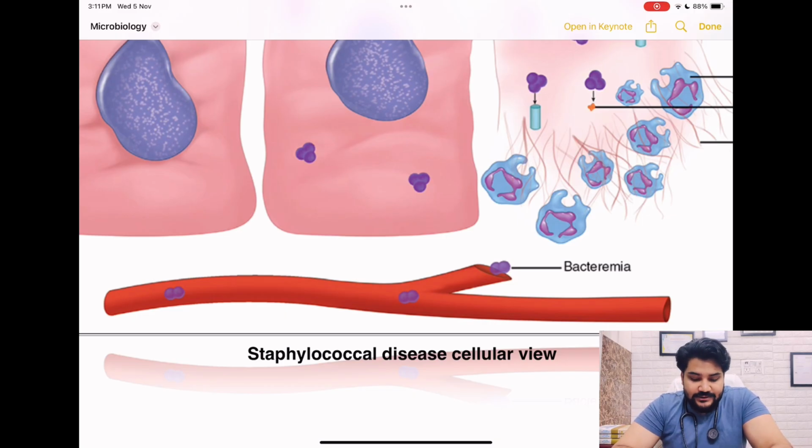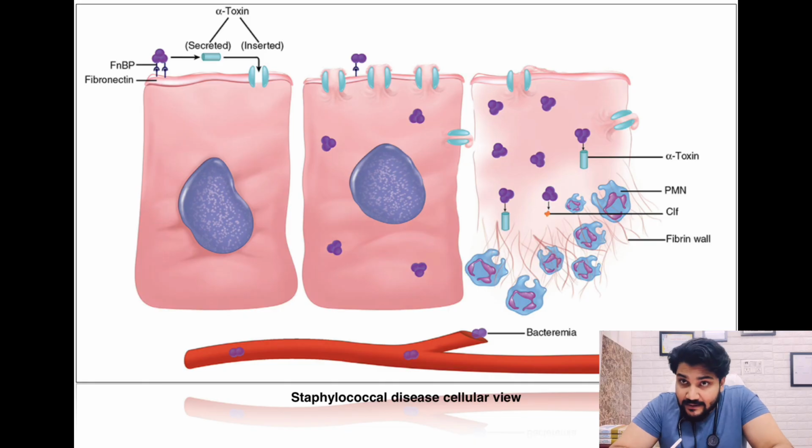One thing you need to understand: there are certain bacteria that escape your neutrophils, where the neutrophil can't kill them. These bacteria will get access to your blood vessels, go inside the blood, and cause bacteremia.